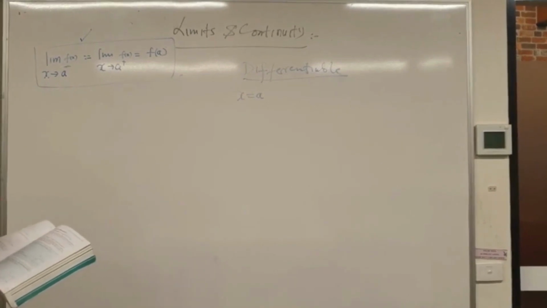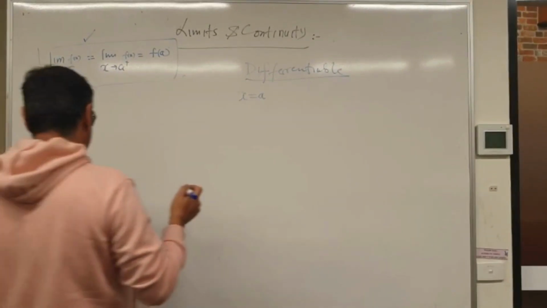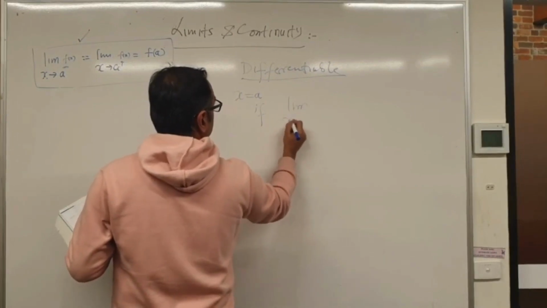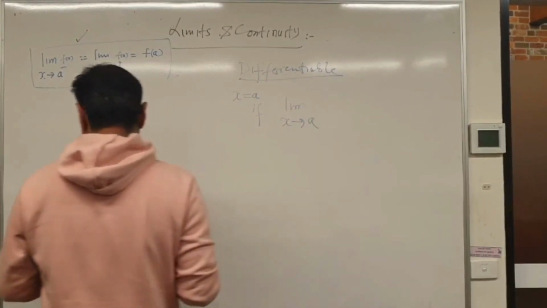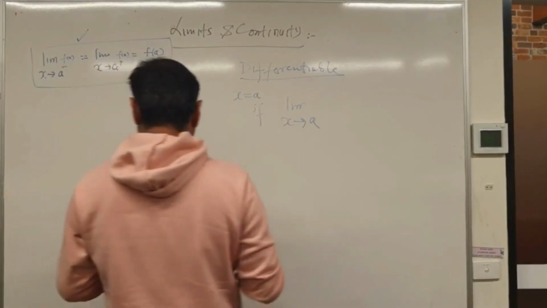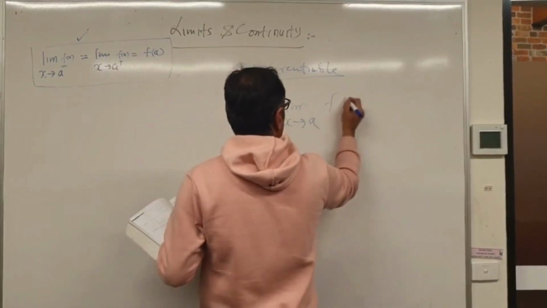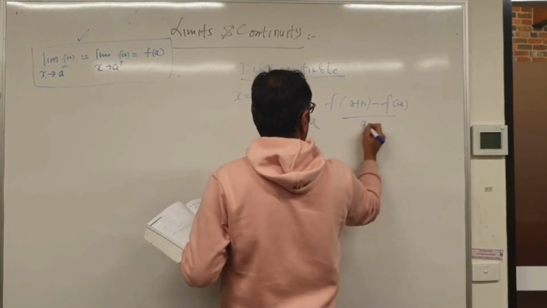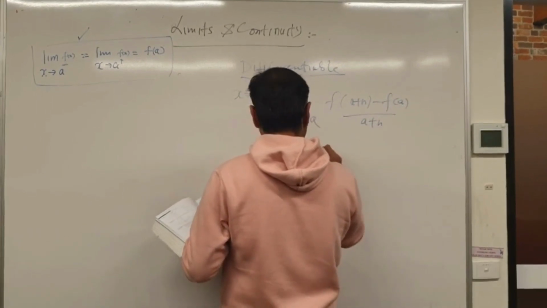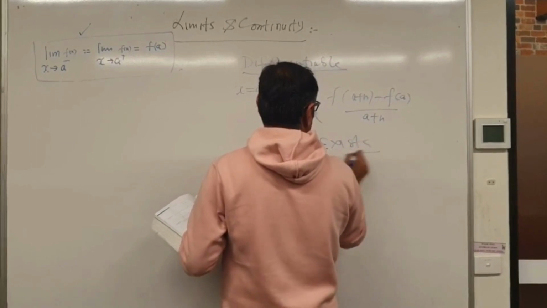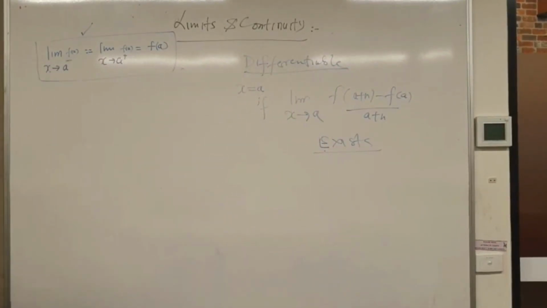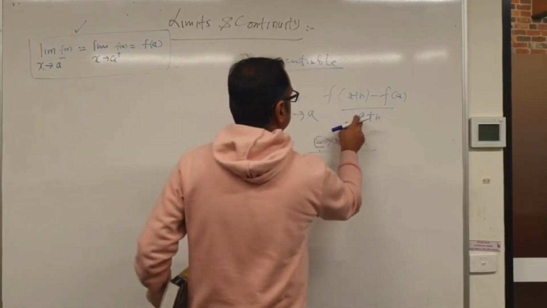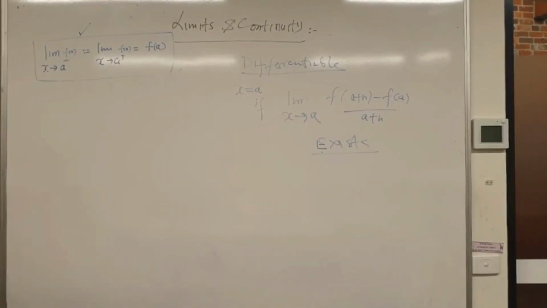I can differentiate a function at x equals a if the limit as h tends to 0 of f of a plus h minus f of a over h exists. You remember the first principle, right? So this is the first principle.